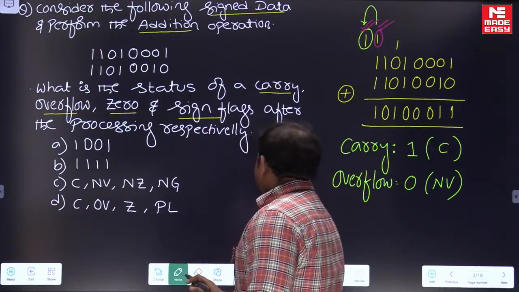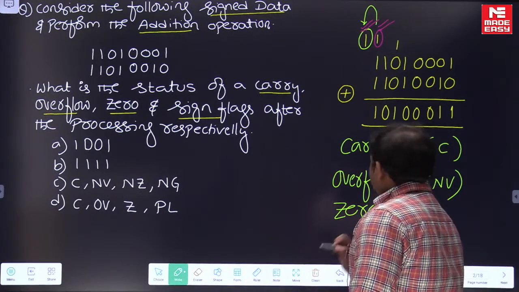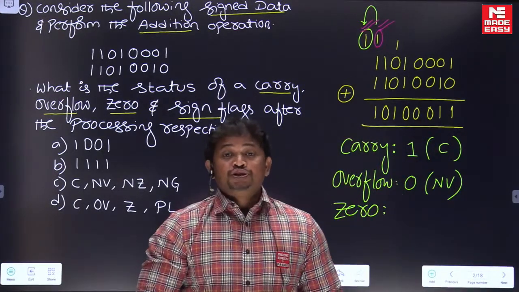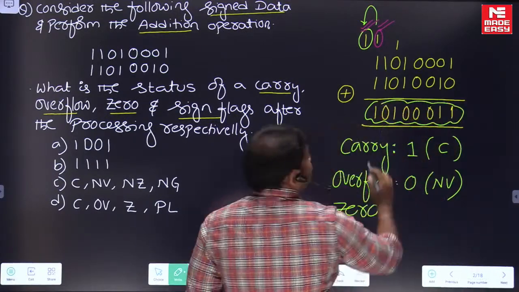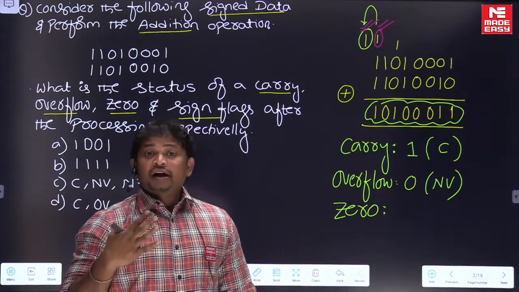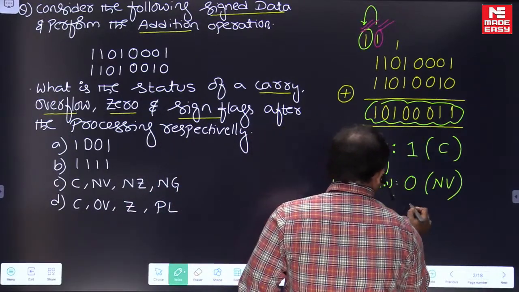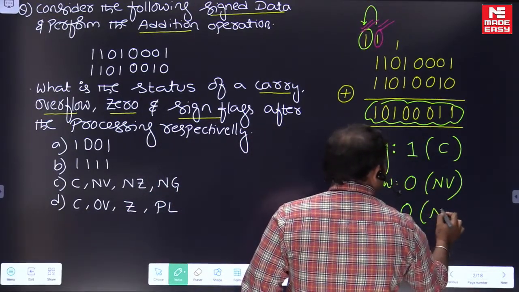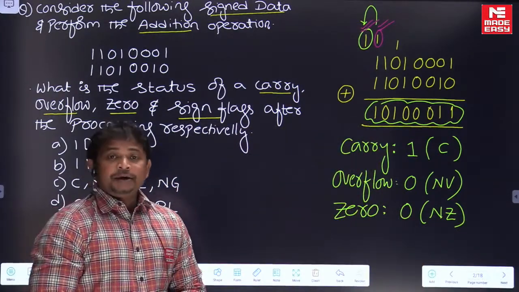Next, the zero flag. The zero flag condition is: is the ALU output accumulator value 0? See this. This is the accumulator value. Is the accumulator value 0? No. So the condition is false. Therefore, the zero flag is reset. Reset means NZ, non-zero. Right.